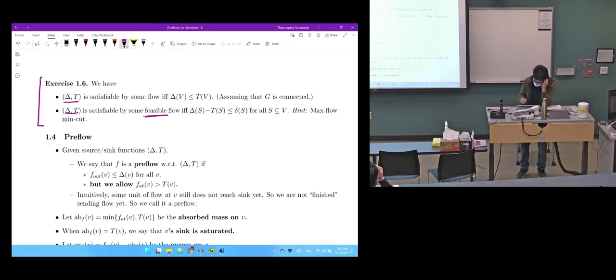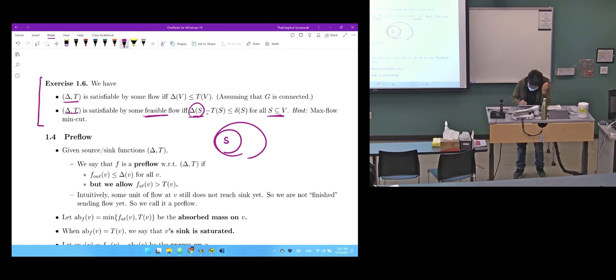And if you want the source-sink function to be satisfied by some feasible flow, then you need that for every set S, the total source in S, minus the total sink in S, is less than the size of the cut. This also makes sense, because if this is more than the size of the cut, there is no way.